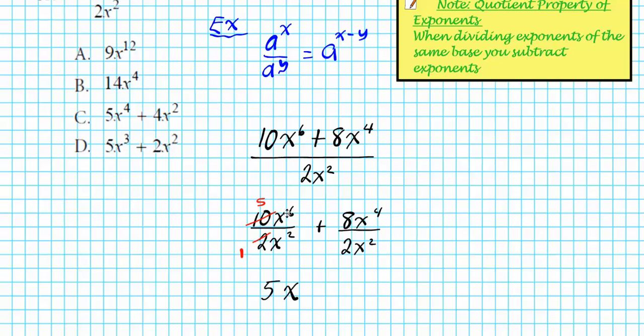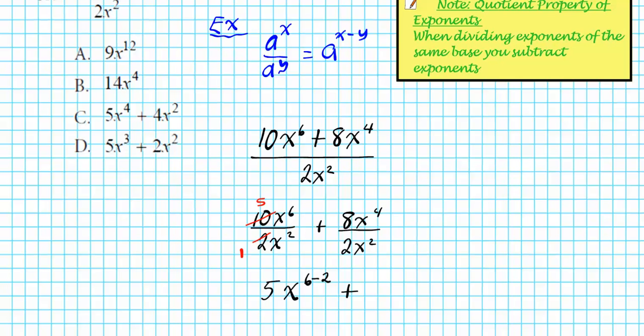The bigger power is upstairs, so the variable term stays in the numerator, and it's going to be 6 - 2. Had the 6 been downstairs in the denominator, we'd have 5 over x^(6-2). So you always keep the variable where the bigger power is. Since the bigger power is upstairs, no reciprocation is needed.